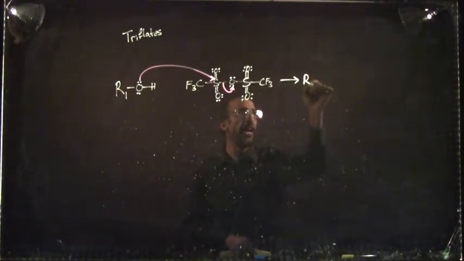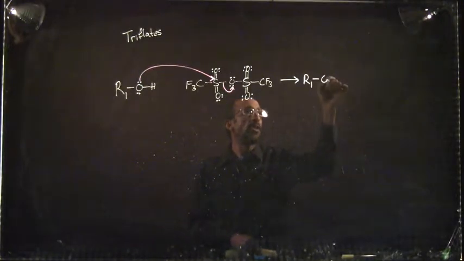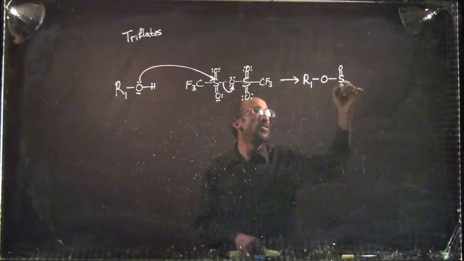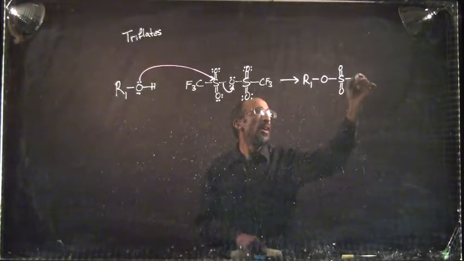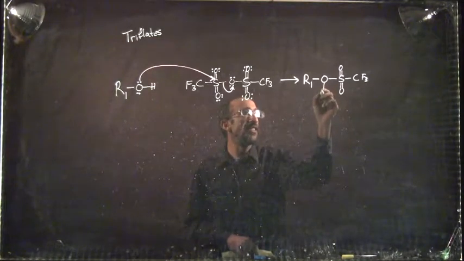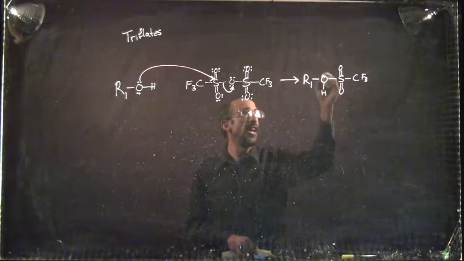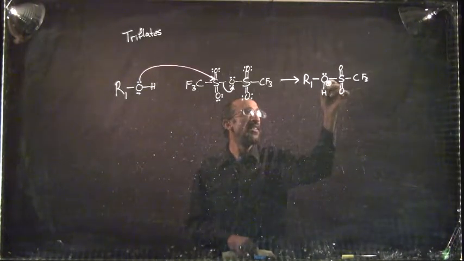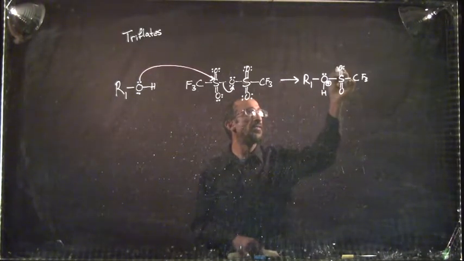So here now, from our alcohol, we have that sulfur that we attacked into, and we have the CF3 group. Our oxygen still has the hydrogen from our alcohol bonded to it. There's our lone pair. That oxygen takes a formal positive charge.